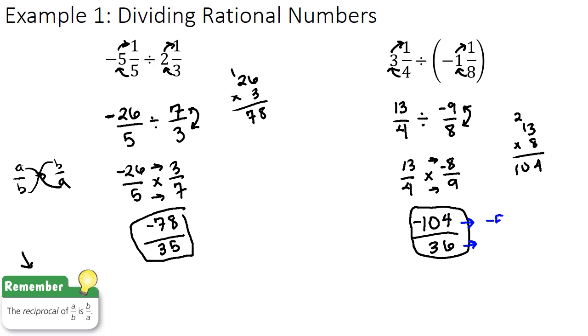So I'm going to end up with negative 52 all over 18, and then again I can see these are both even, so I can reduce them even farther, and this negative 52 over 18 is going to become negative 26 over 9. We can see that we cannot simplify this any farther because 9 is only divisible by 3 and itself, and 3 does not go into 26, so we are fully simplified and we have our answer.